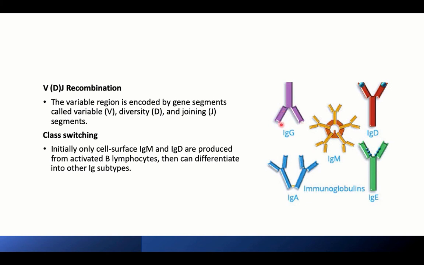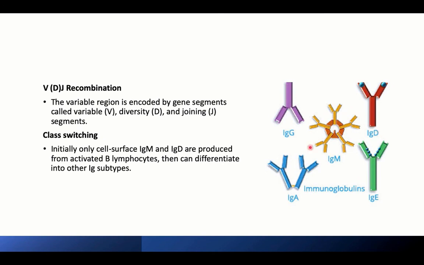This is the first stage of antibody synthesis. Then class switching is a very important stage, as initially only IgM and IgD are produced. The first immunoglobulin produced is IgM, and then switching from IgM to other immunoglobulins occurs, to IgA, IgE, IgG, and IgD.